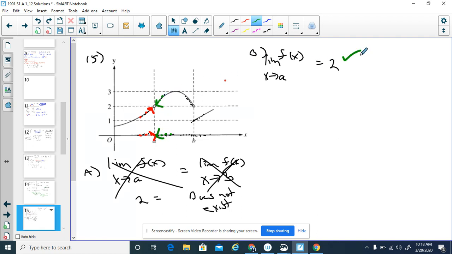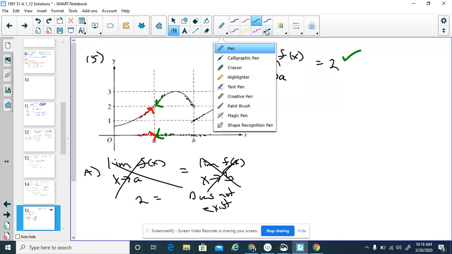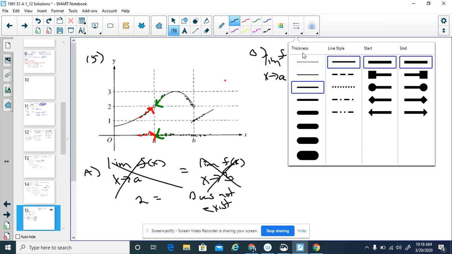So that means your two-sided limit is 2. So that is kosher. That is true, actually, and that's what we had to find. So there's your answer: 15 is B. We don't have to check the others out, and I think I basically addressed C, D, and E when I explained this. So we're good to go.